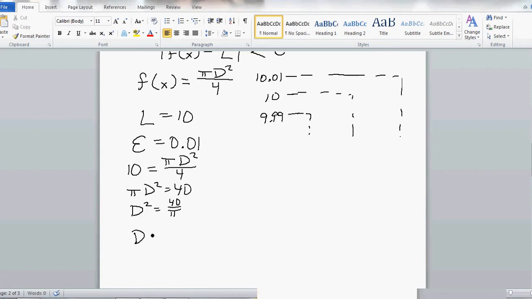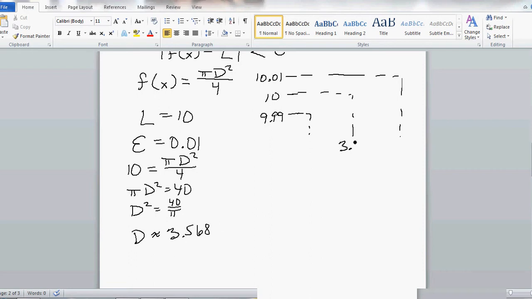So d would be approximately equal to, well, you know what? This really isn't necessary because we need the range. We need from the high to the low. So the actual value really doesn't matter. But just for completion's sake, the square root of 40 divided by pi is 3.568.